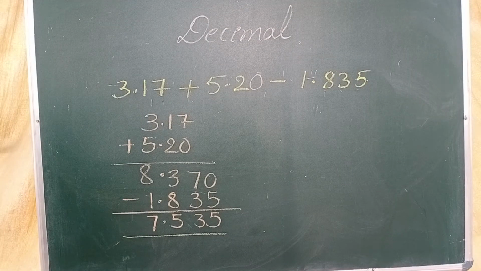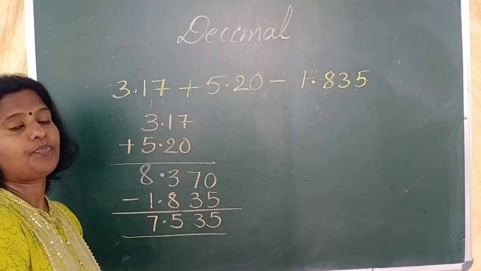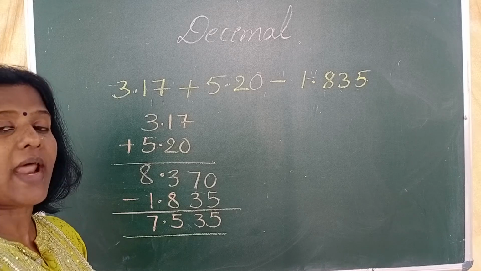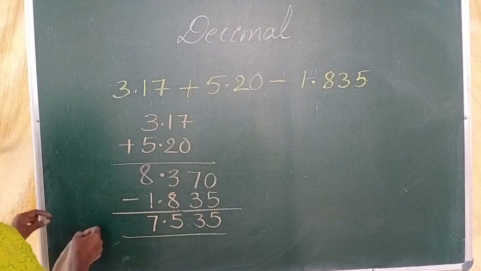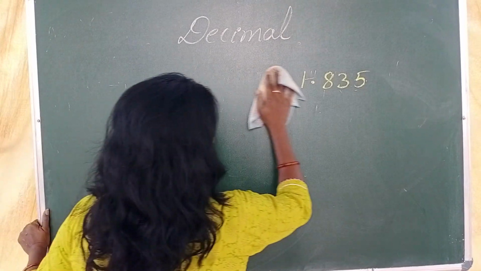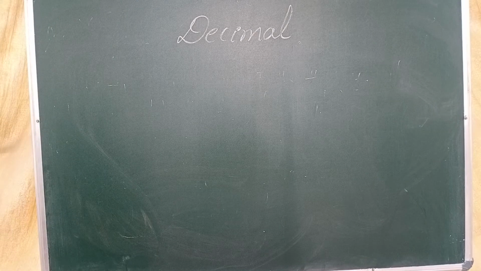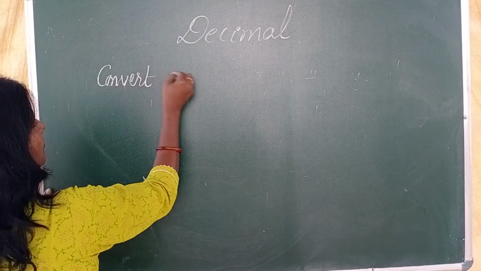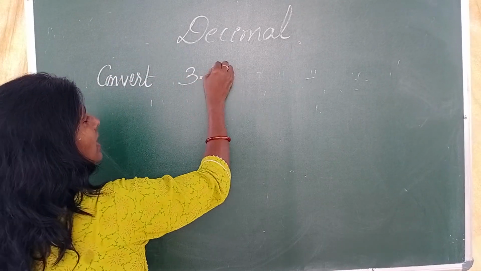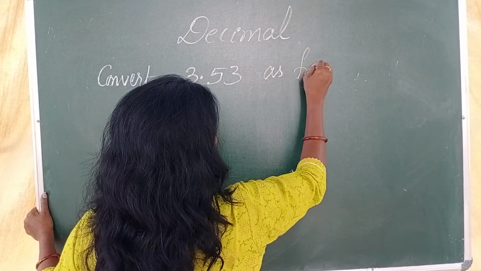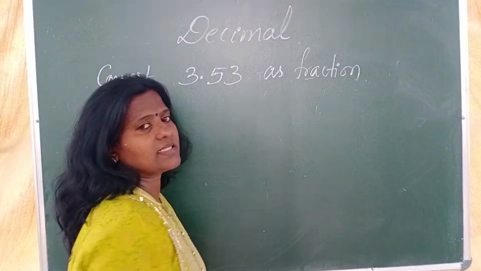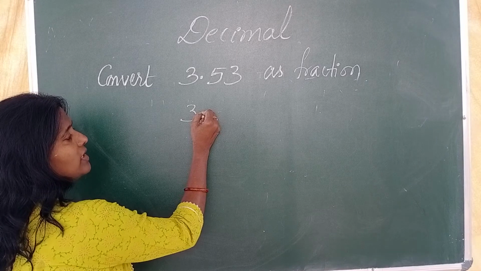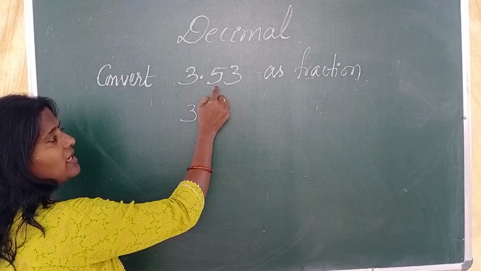Next we will see how to convert decimal to fraction or fraction to decimal. Convert 3.53 as a fraction. See, so easy it is. 3.53: after the point, how many numbers are there?